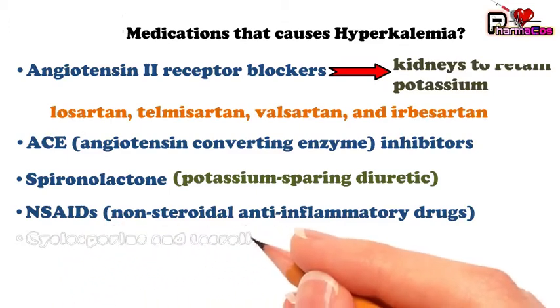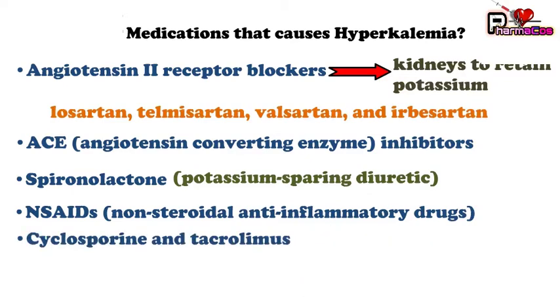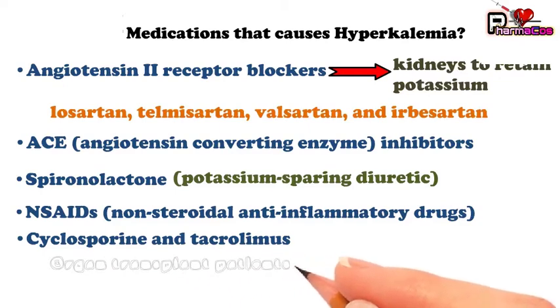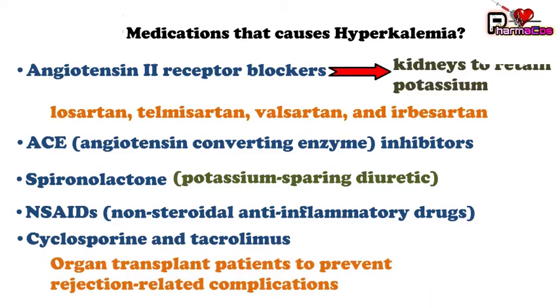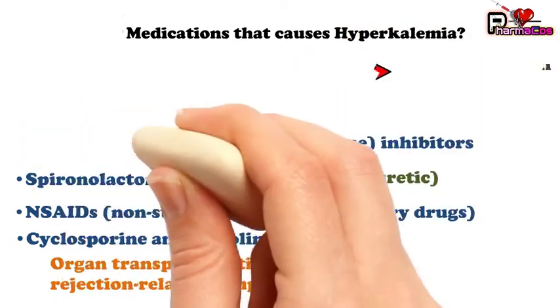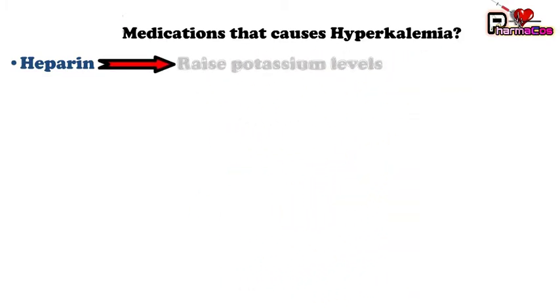Cyclosporin and tacrolimus. Cyclosporin and tacrolimus are used in organ transplant patients to prevent rejection-related complications. High potassium levels commonly occur in patients treated with these kinds of drugs. Heparin. Heparin is a blood thinner given intravenously for blood clots or a heart attack, and it may also raise your potassium levels.